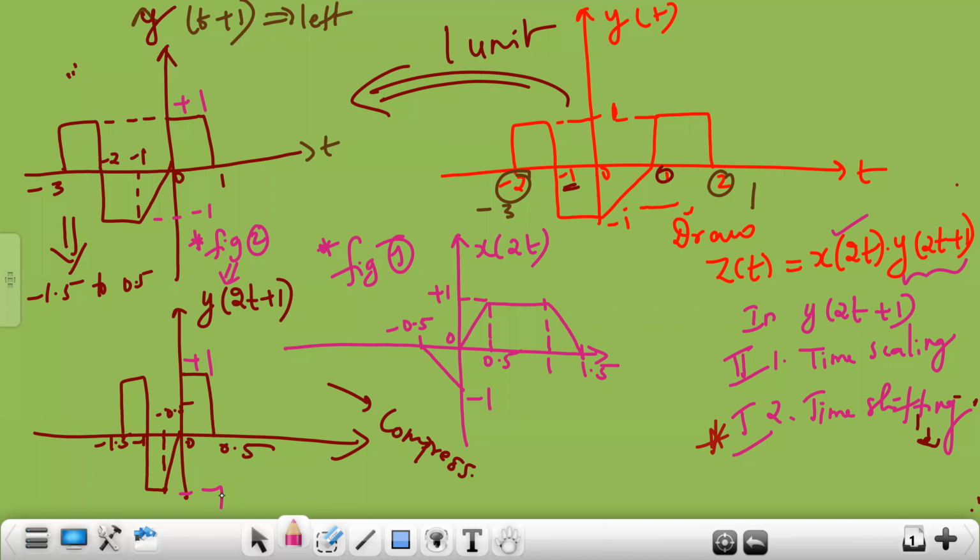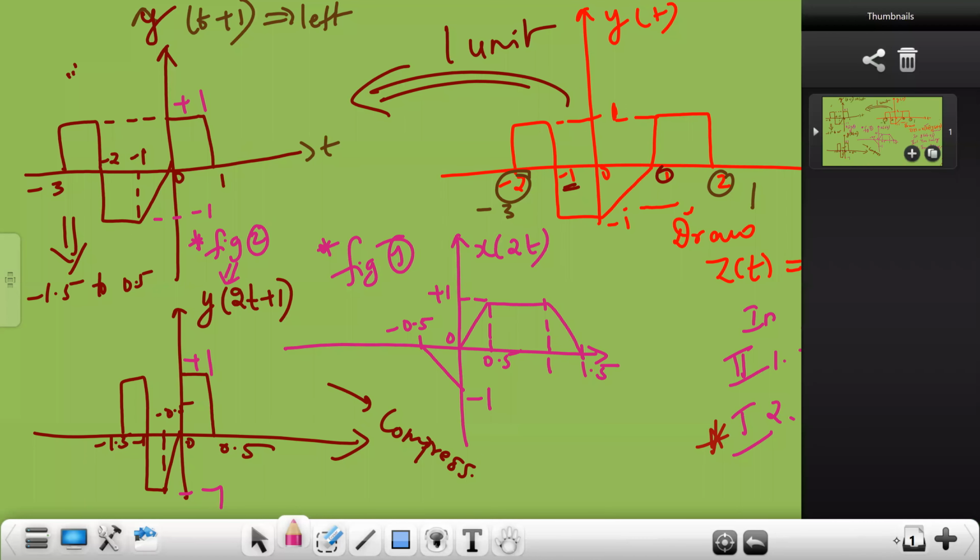Now check figure 1 and figure 2, you need to multiply these two. So kindly multiply on a time slot basis. Take each and every time slot separately, then do the multiplication and let me know what the answer is.